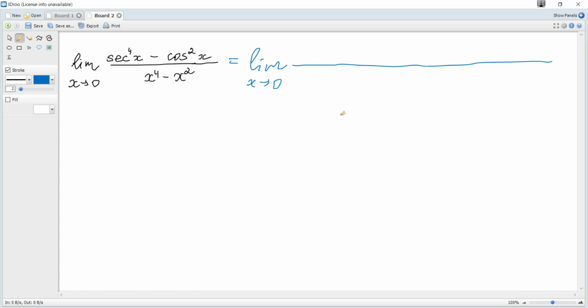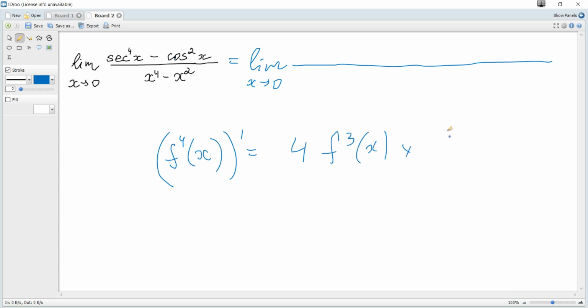The derivative of the numerator: we can see that it's secant to the power of 4, and we should consider it as some function to the power of 4 and apply the chain rule. The chain rule says that the derivative of a function to the power of 4 is 4 times the function cubed times the function's derivative.